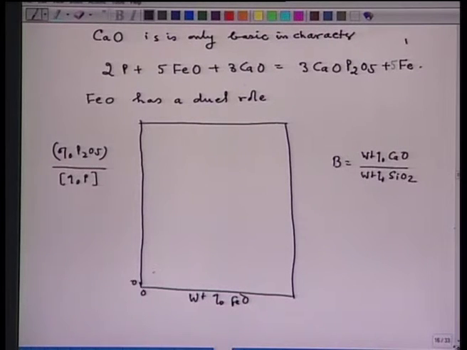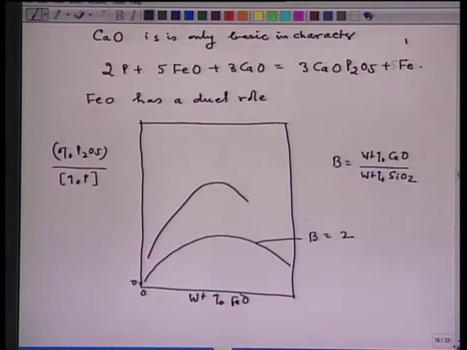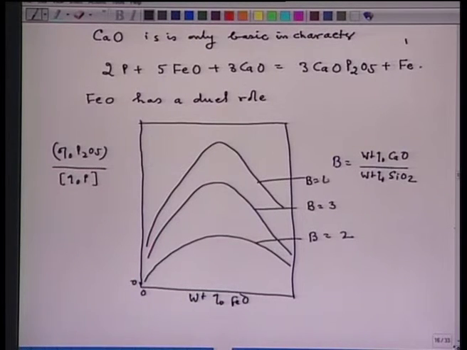So, if I plot now for different basicity ratios, for example, B equal to 2, this is for example B equal to 3, and this is for example B equal to 4. Now, what does this particular presentation indicate?